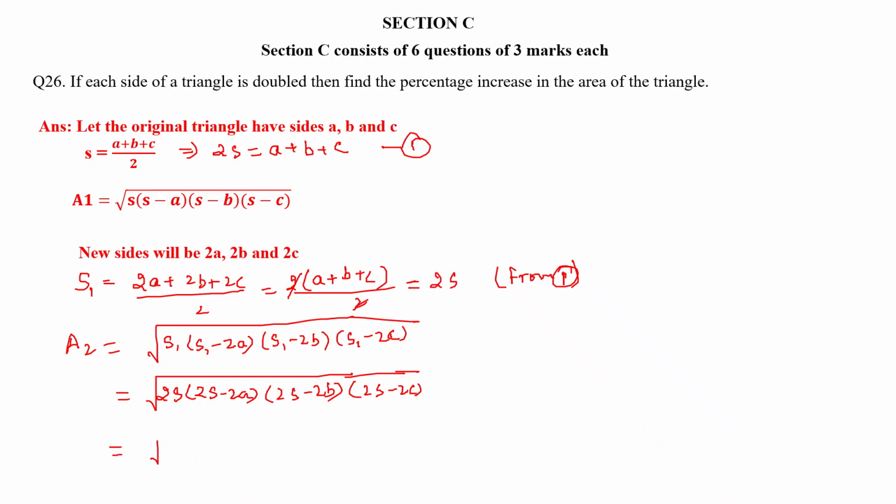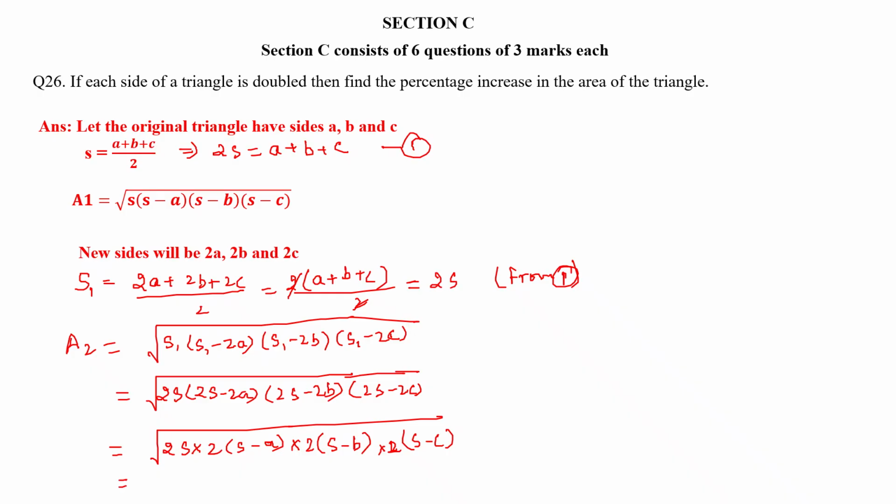Now I can take 2 common from everything, isn't it? So it will be 2S into 2, I will take common, so S minus A. Again I will take 2 common, S minus B. And again I will take 2 common, it will be S minus C.